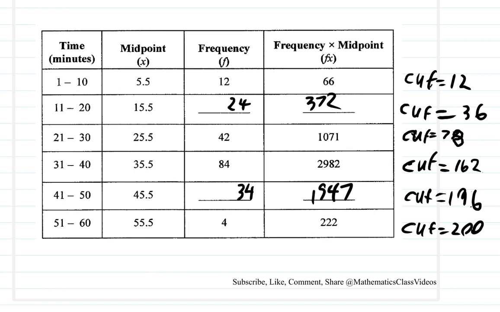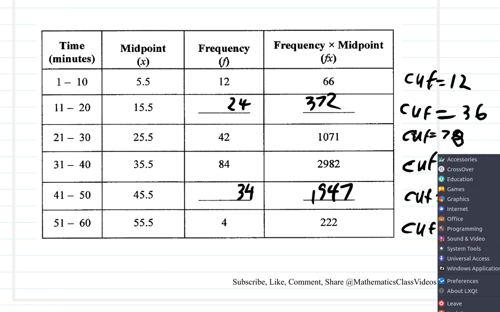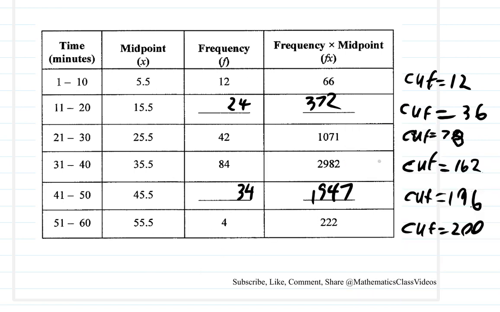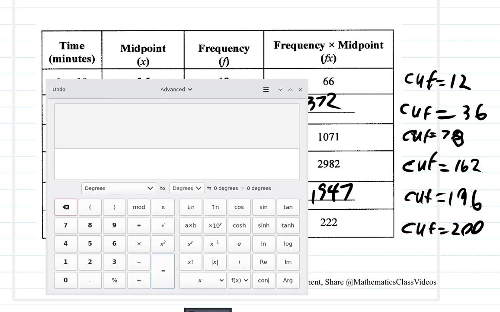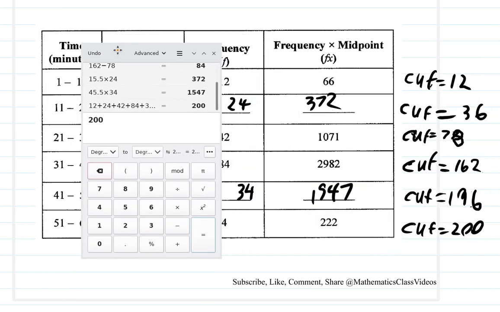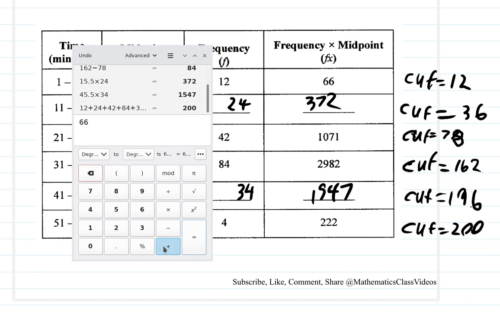Now, here, you have the frequency by the midpoint over there. We're going to add them up. So you have 66 plus 372 plus 1071 plus 2982 plus 1547 plus 222 equals.